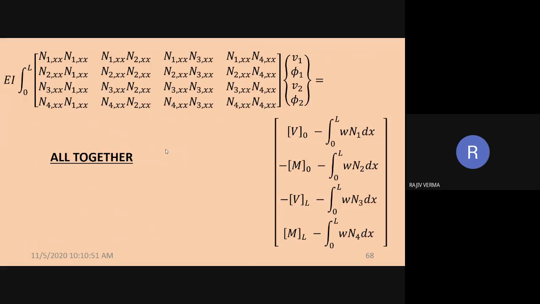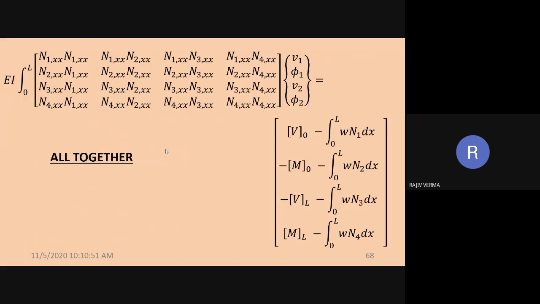And then the user is supposed to supply the value of moments or the value of shear forces in the form of boundary conditions. So depending upon which value is supplied, that particular term is going to be known, and the other term obviously is not supplied, so that is not going to be known.